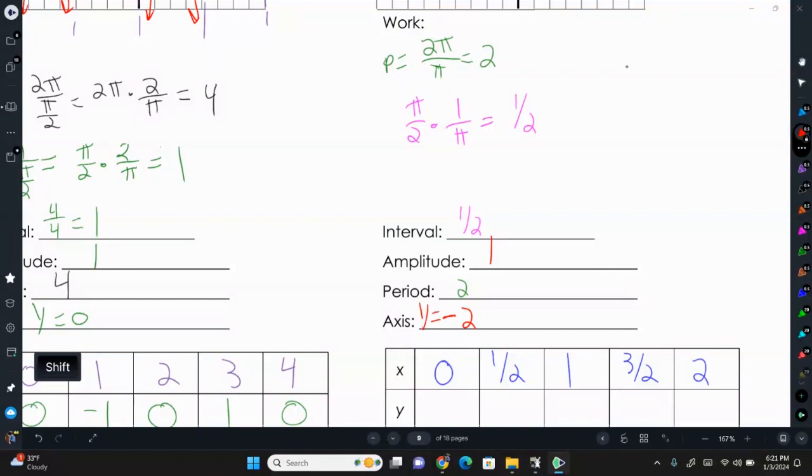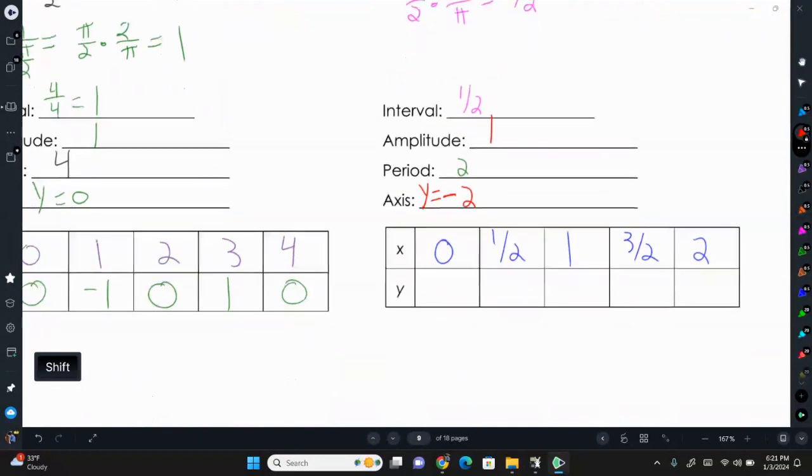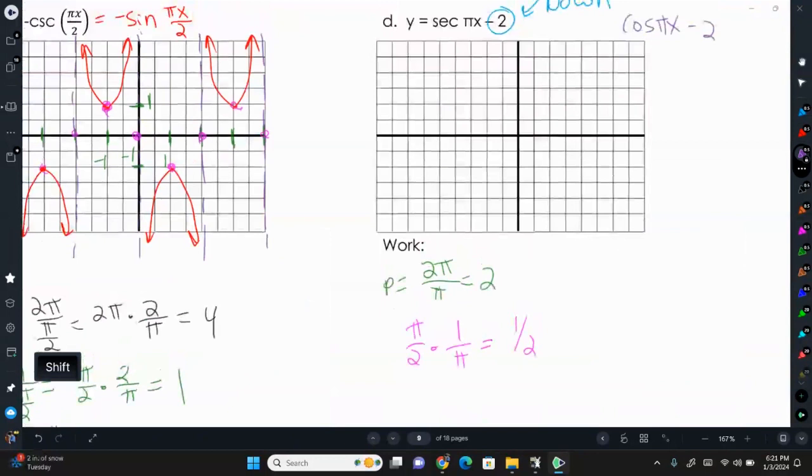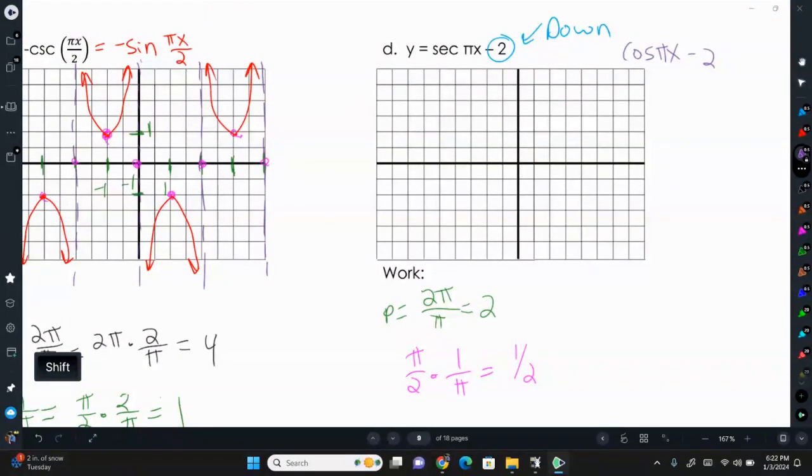We talked about the other day how we could just write in the normal y values and then either just count, knowing that we're going to go down by 2, or make a third row. Whatever works best for you is fine with me. So I like to just write the normal y values without the shift down. So let's do that first.